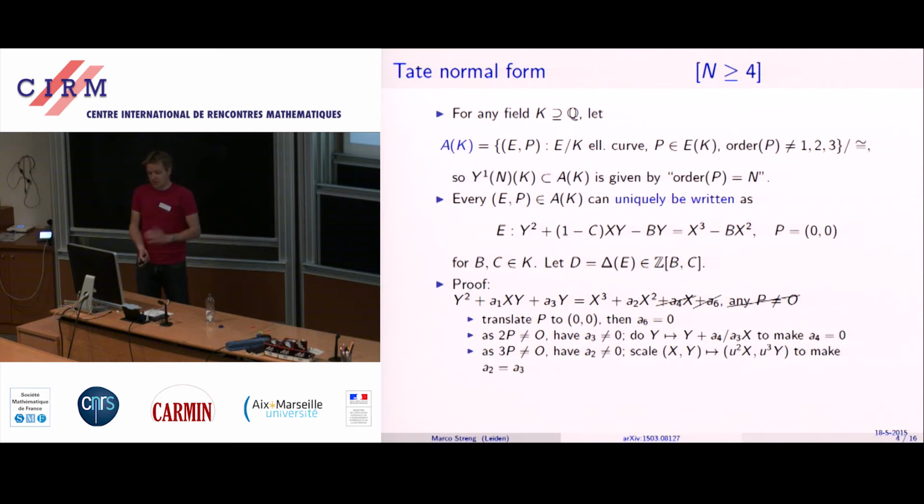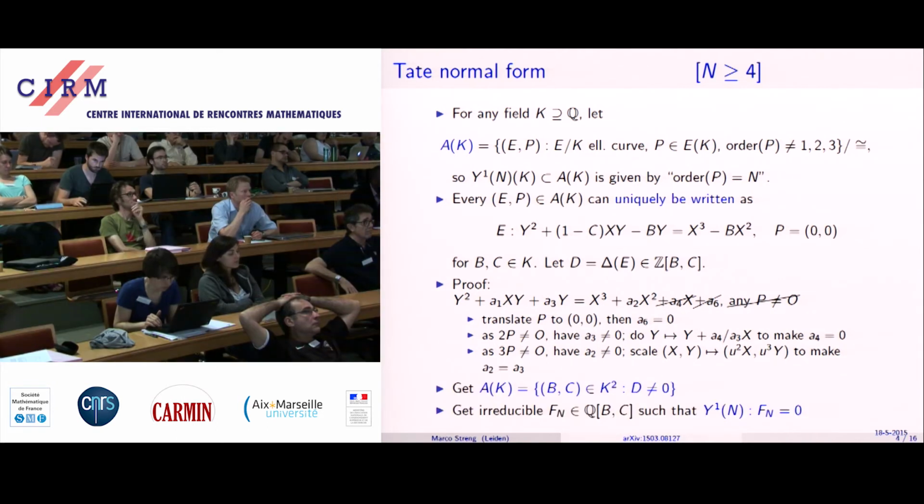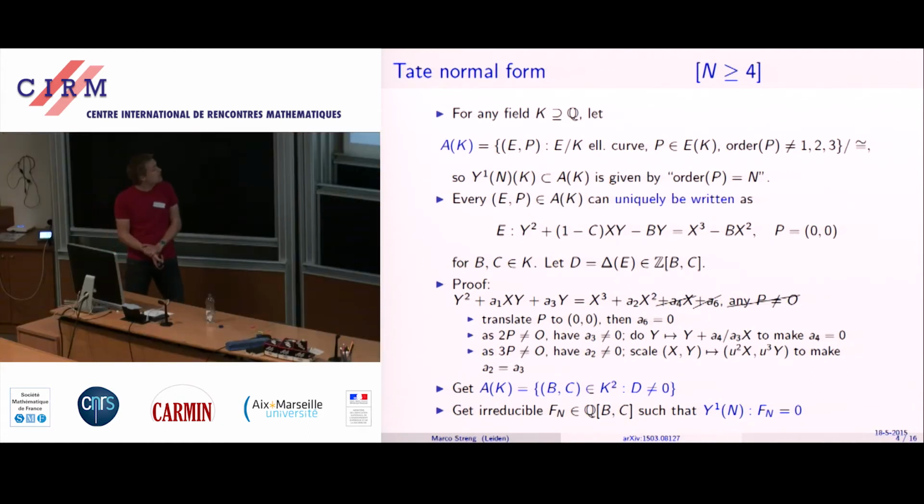So that means that this Tate normal form is actually uniquely determined by the isomorphism class of E and P. Now, because of this, A of k, so the k as defined up there, is the point in the affine plane over k with d non-zero, where d is the polynomial in B and C that gives the discriminant of that Tate normal form up there.